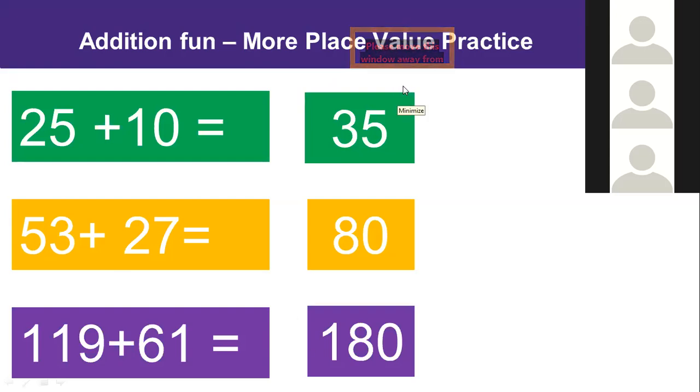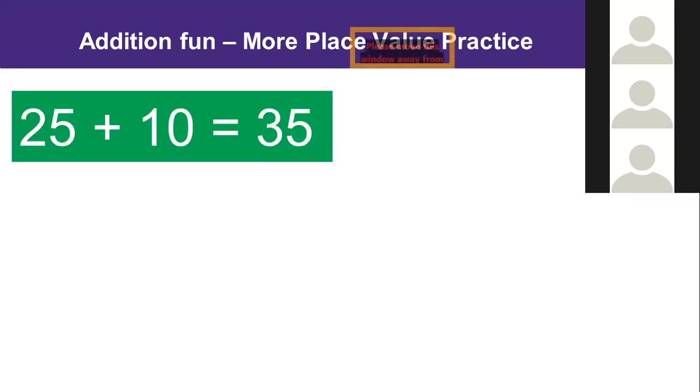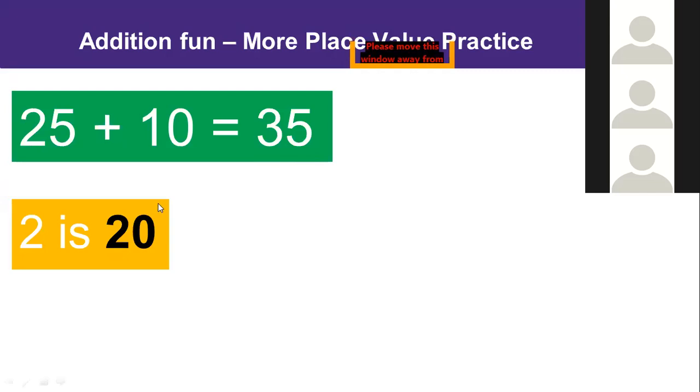So let us see why we want to look at this. We are going to have more practice of place value. There we've got 25 plus 10. You said it's 35. That's good. Now let us see place value.